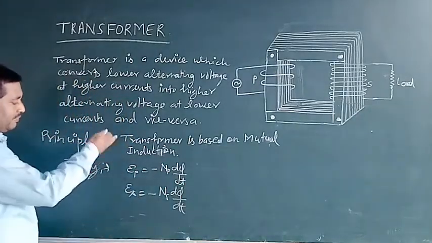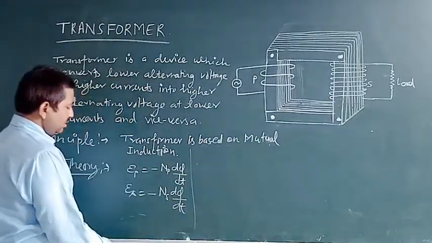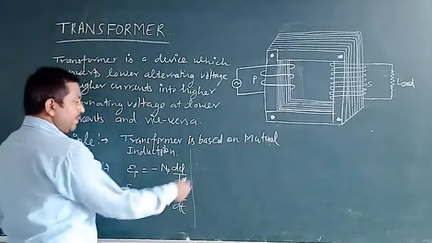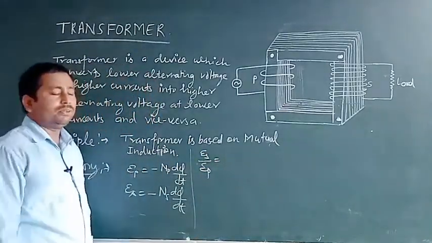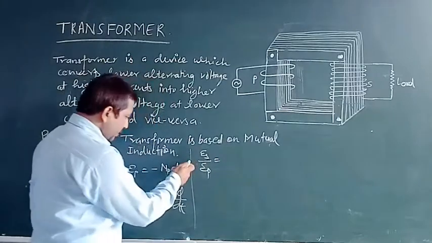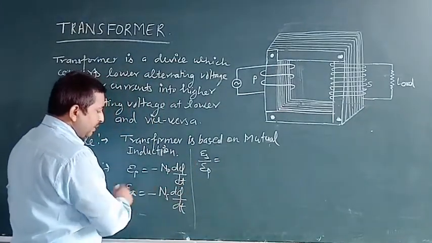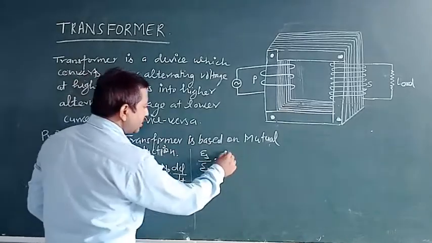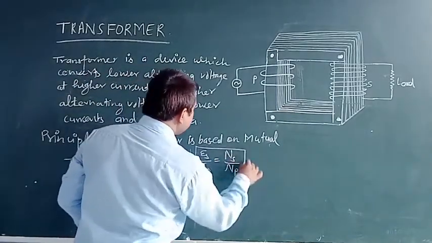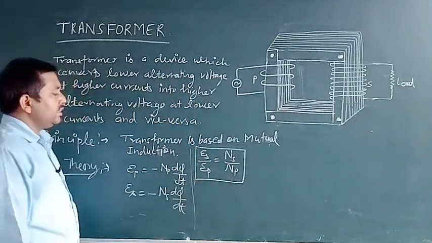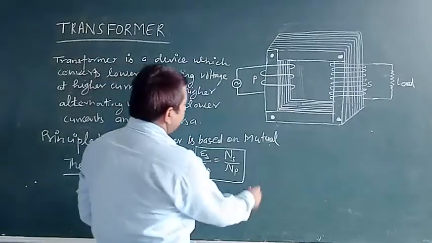So if we divide ES by EP, here d phi by dt will cancel each other, and minus minus also cancel each other, so we get NS by NP. So we get a particular formula, that is ES by EP is equal to NS by NP.